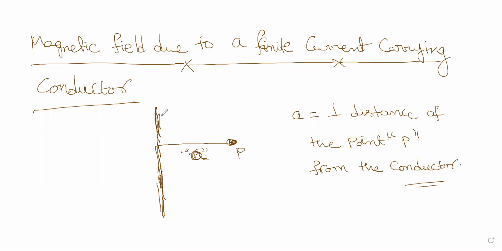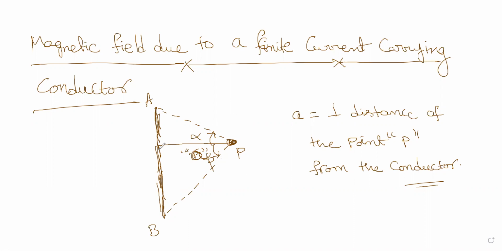Now let us say the conductor is AB. From the top, at A, we join this point P and measure the angle, let us say alpha. This angle is alpha, in clockwise. And now at the point B, we measure this angle the other way, anti-clockwise. This is beta. Got it?